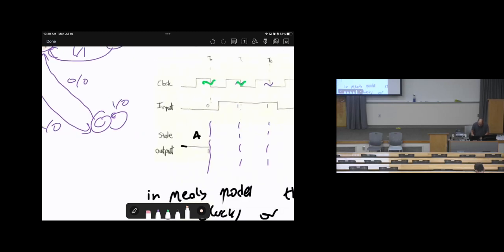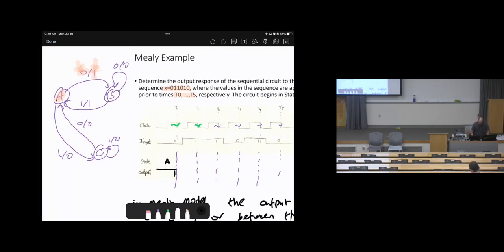Therefore, the output here is 1. Even though it's not given in the question, we realize this based on the state table. Do you agree with me? The output is 1 because we are in state A. The input is 0, so the output will be 1.